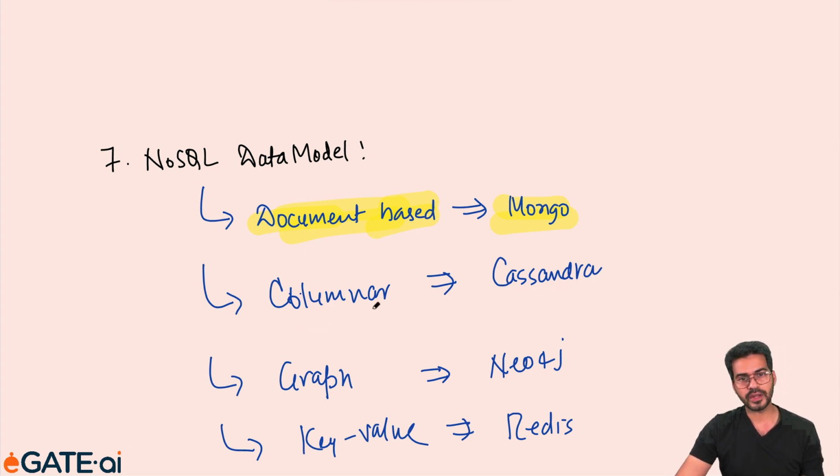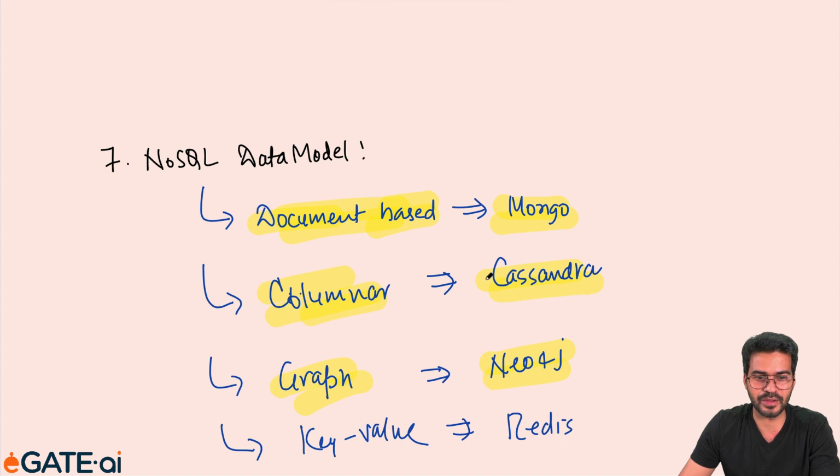Then we have the columnar data model, specifically designed to work with big data and performance, and also for analytics purposes. Cassandra is one example. Graph-based modeling is also proposed for NoSQL, and one example is Neo4j. I have not heard of it or used it; I just got it from a book.